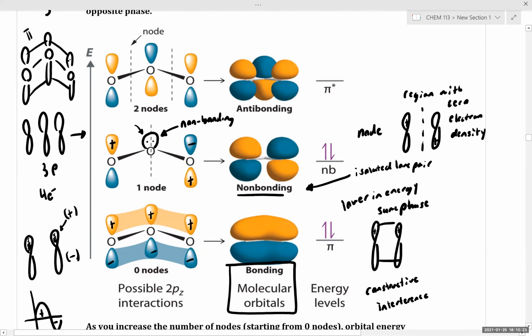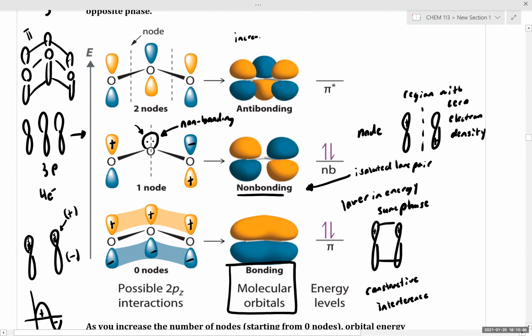And so the more nodes we have, the less bonding interactions we have between our p orbitals, and in turn, the higher in energy this molecular orbital becomes. So in general, the more nodes that we have, the higher in energy our molecular orbital will be.